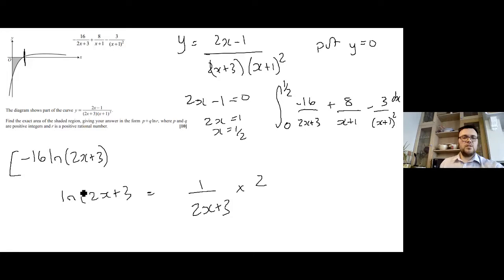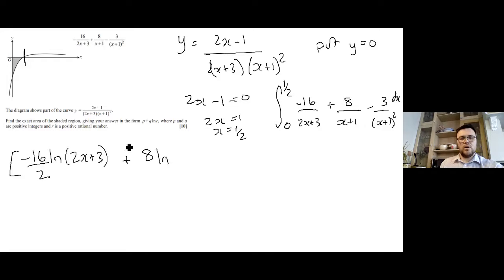Because I've got that 2 there, I'll have to divide this by 2, because otherwise it's going to be too big. And then I've got plus 8 ln (x plus 1), since the derivative of the inside is just 1.